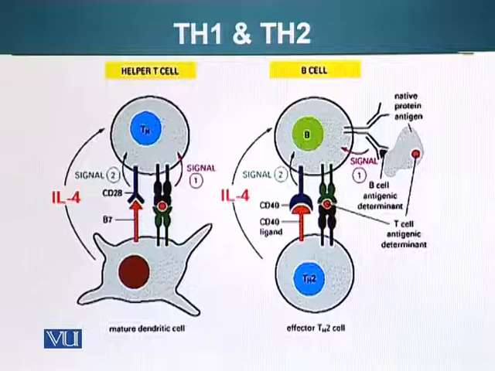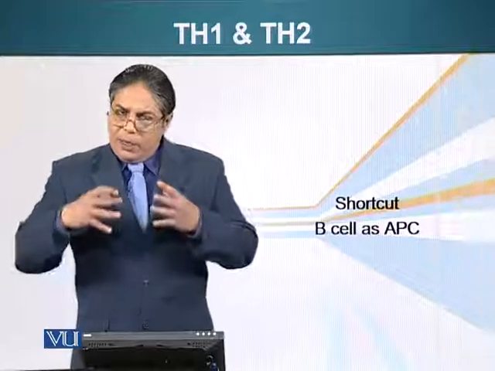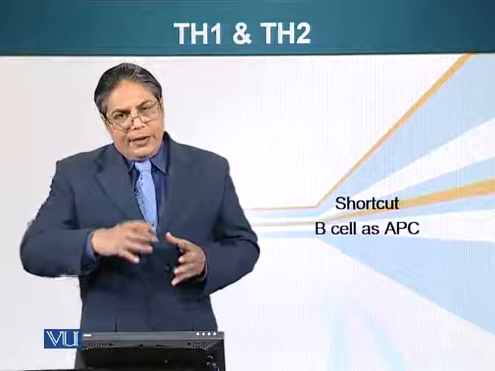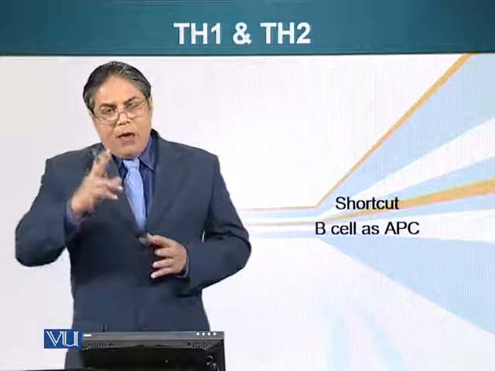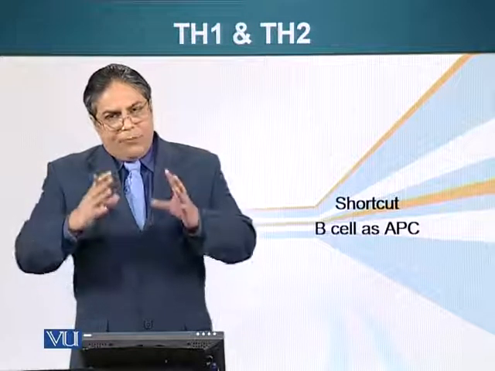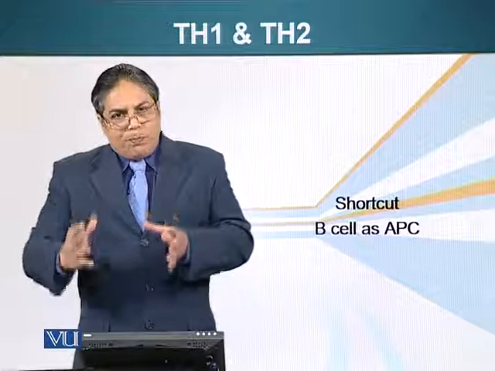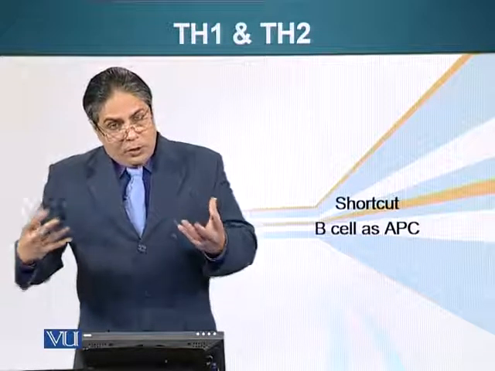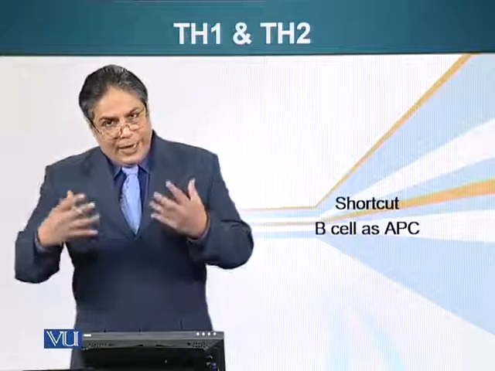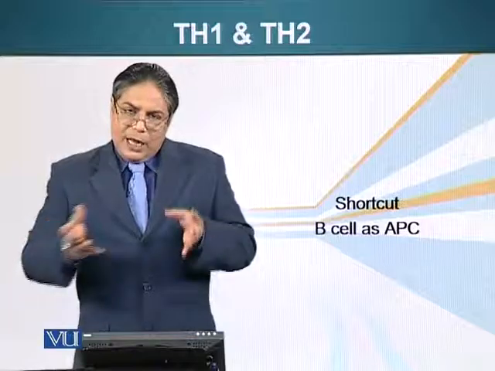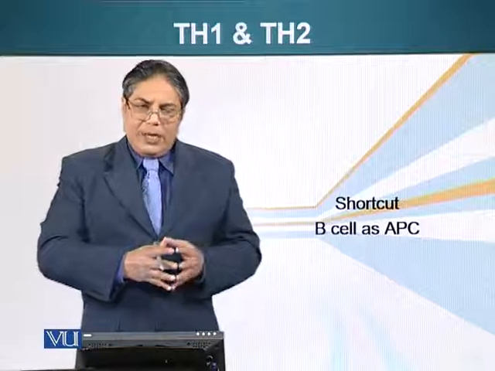I would like to tell you that initially when we talked about the reoccurrence of a particular infection, we said the secondary response is much, much greater. One of the reasons why it is greater is, remember we said that B cells, when they become mature, also divide. Some of the B cells, when they get activated, divide. Some form effector plasma cells, the other cells become memory cells.